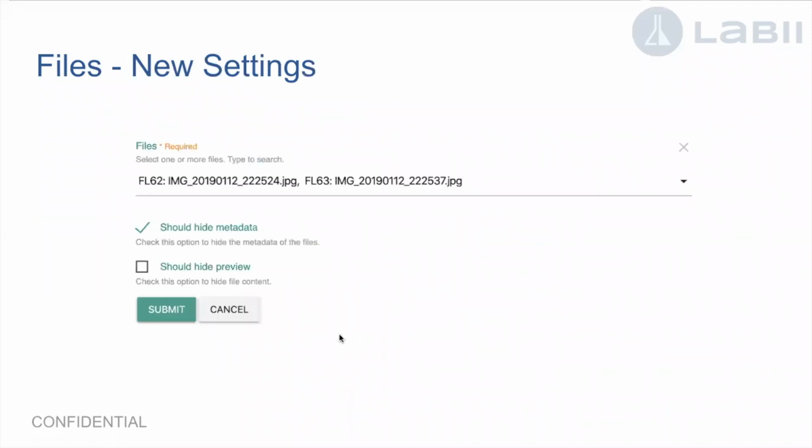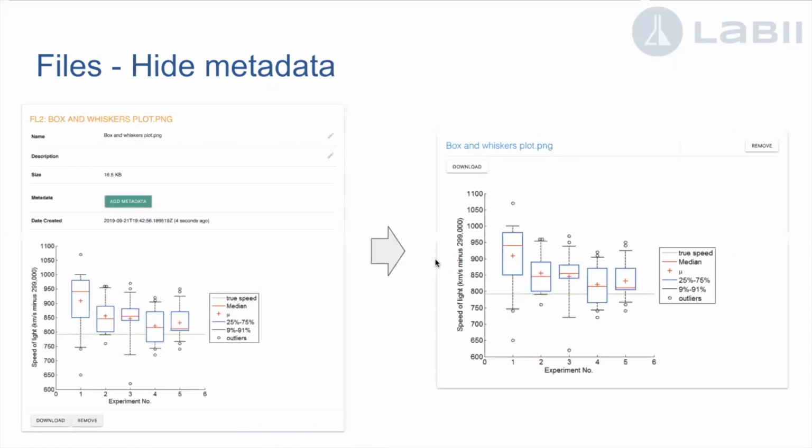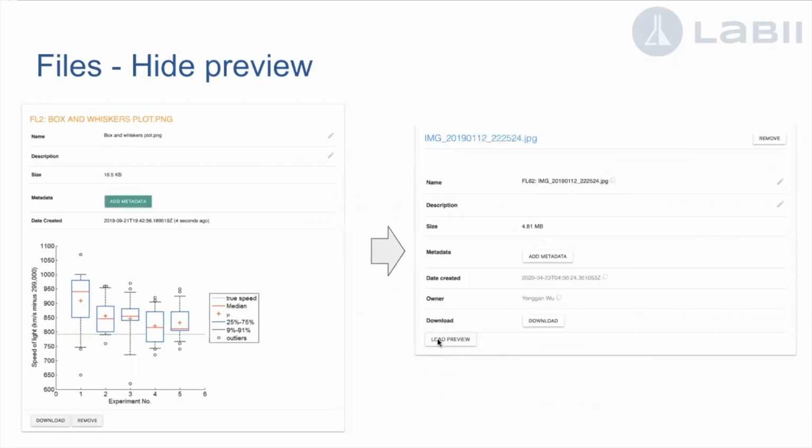And then going on, we also add a few new settings, for example, should hide the metadata, should hide the preview. So this is what it looks like. You can hide all these tables, which we call the metadata. Once you hide it, the sales table, name, description, and sets will be hidden. You're only able to see the preview. You can also hide the preview directly from here.